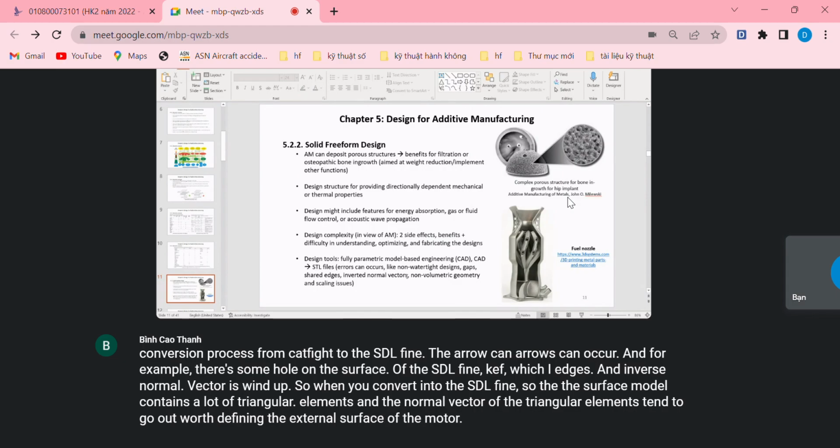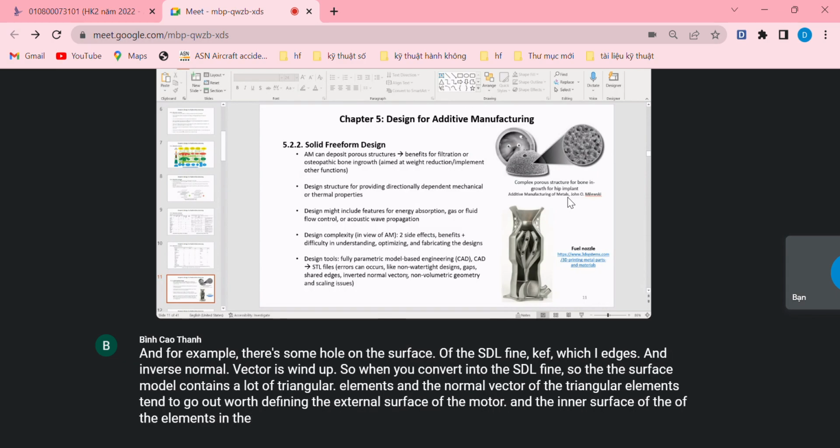The inner surface of the elements restricts the area inside that the laser will scan through.